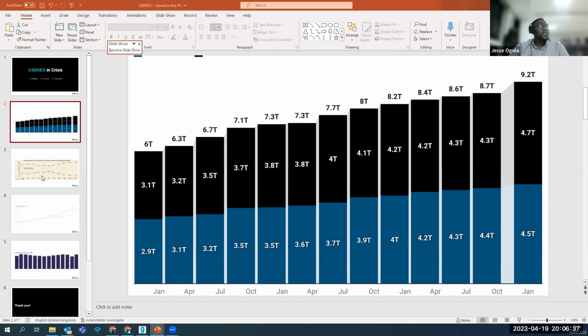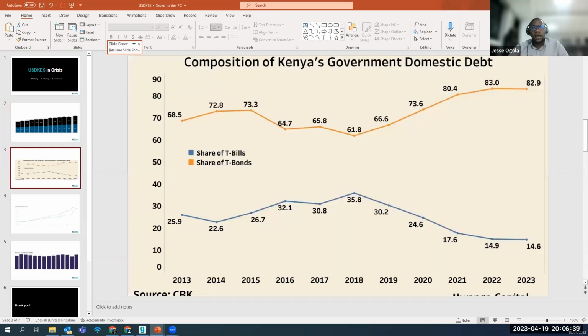Going to a very interesting chart here, you are seeing the composition of the Kenya domestic debt.